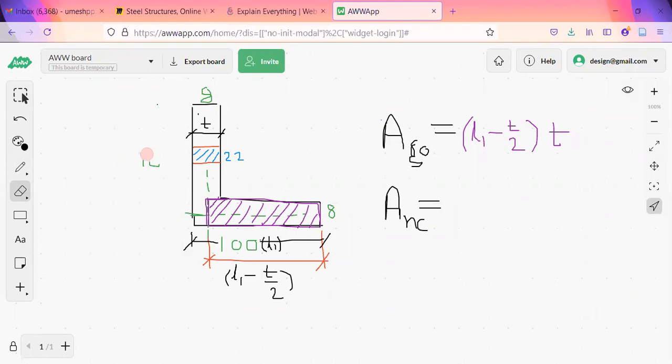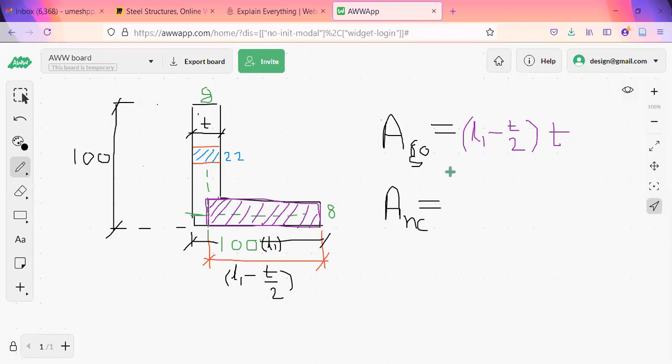This is 100, but I'll remove it because I have to write something here. That is 100 only, but I'm removing it. Somewhere here I'll show this as 100. So this explanation will not be in the book. Just observe it. Your job is to find AG naught and ANC.